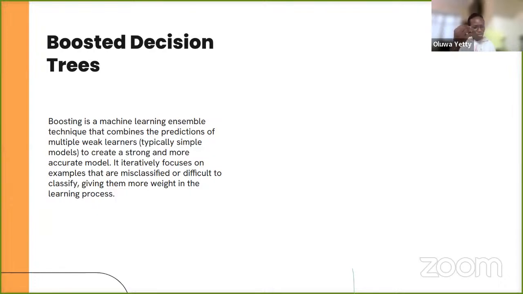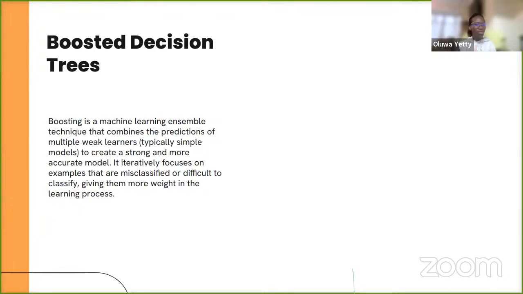So what it does is, it looks at these decision trees, looks at the scenarios where they have misclassified, and boosts them. The difference is that they are both ensemble methods, but the random forest uses the bagging method.